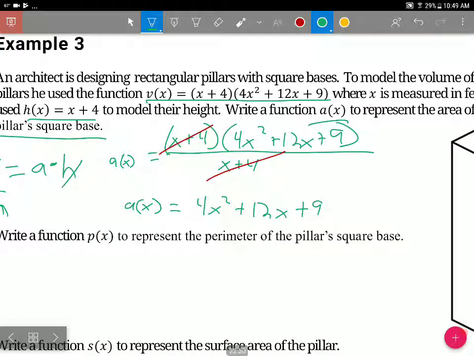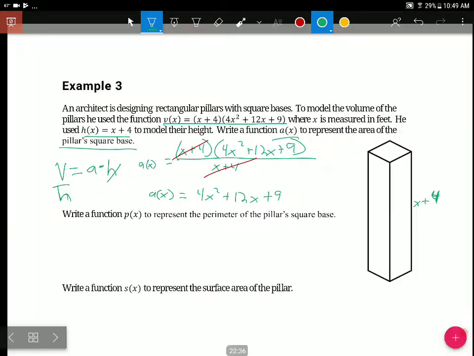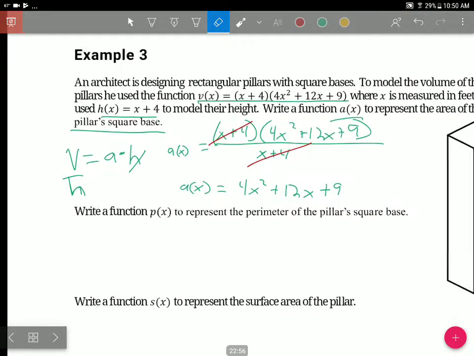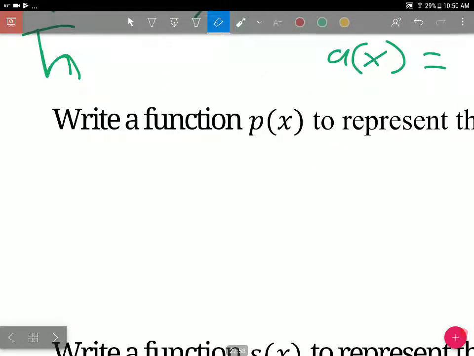All right, write a function p to represent the perimeter of the pillar's square base. Okay, so how does the perimeter relate to the area of something? How do you find the area of a square? Base times height, or length times width, however you want to do that.